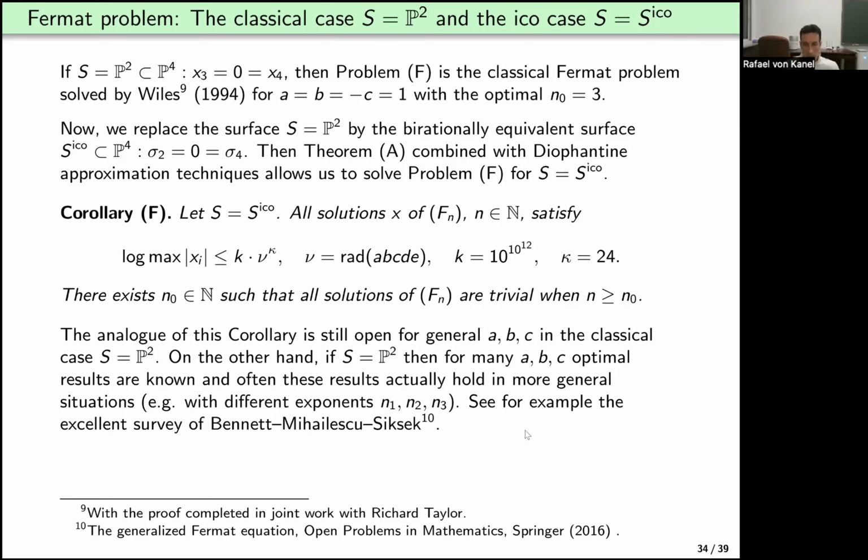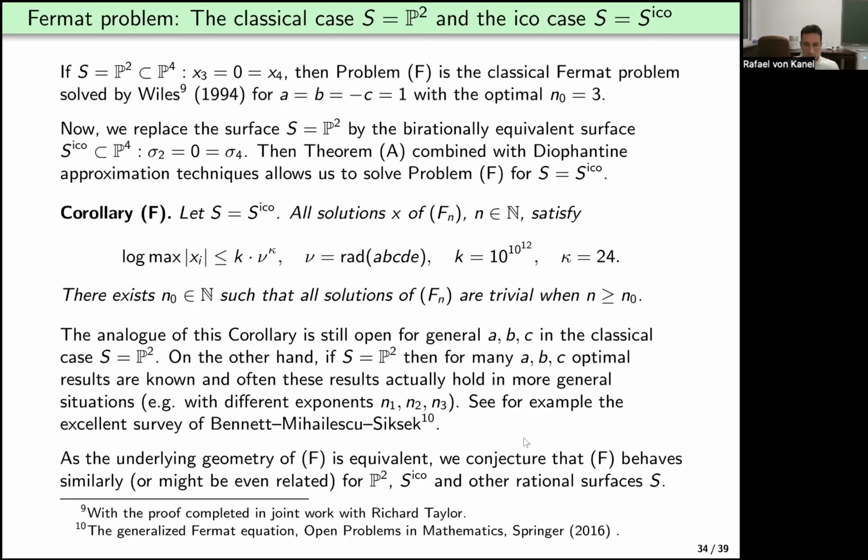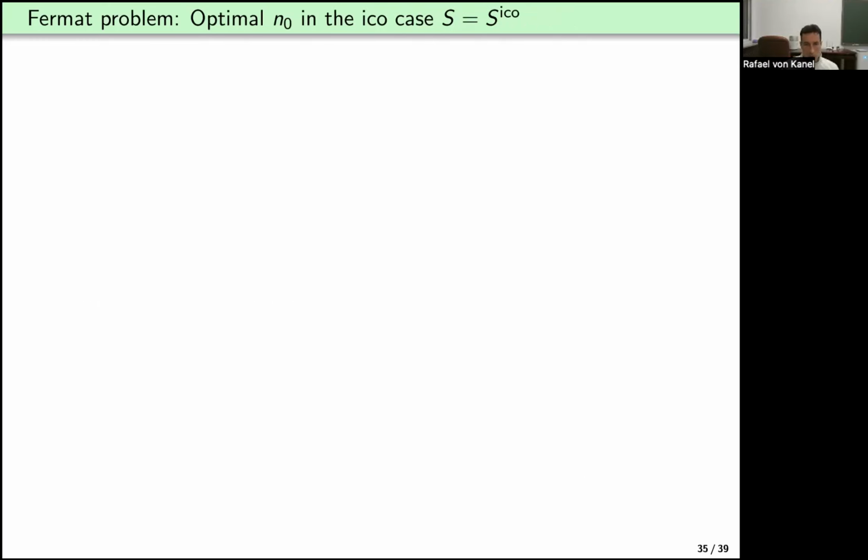So I recommend to have a look in this survey. And also, as a remark, somehow the underlying geometry of this problem F is equivalent in some sense. So because of this, it gives some motivation that also this problem F should behave similarly for different rational surfaces. And maybe there's even some relation between these different rational surfaces of the Fermat problem.